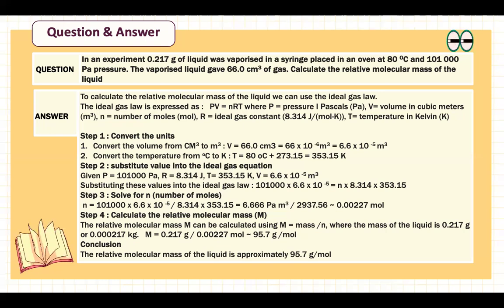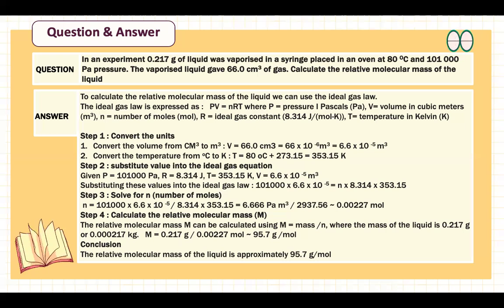Step 3, solve for n, the number of moles. n equals 101,000 Pascal times 6.6 times 10 to the power of negative 5 divided by 8.314 times 353.15, and you get approximately 0.00227 mole.